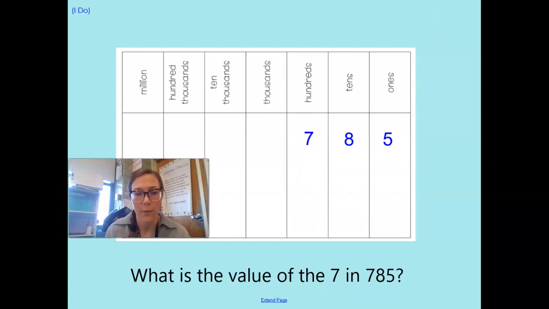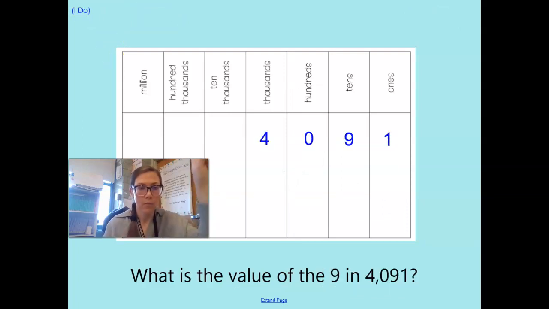Okay, let's try another one. Okay, here's another one. It says, what is the value of the 9 in 4091? First, I wrote it in a place value chart. Again, we don't need to do that, but we need to find the 9 in the number. So I find the 9, and the 9 is right here.